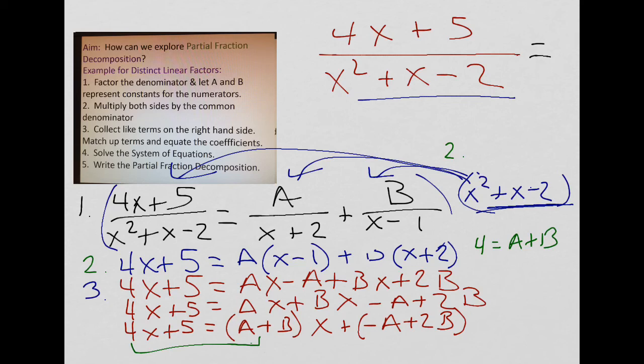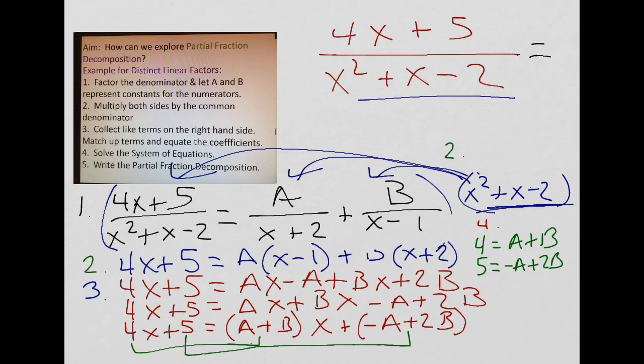And similarly, our constant here of 5, and that expression that's supposed to be our constants, should be equal. This is an equation. So what happens here is that we set up a system of equations. Now we're up to number 4, and we're going to solve that system of equations.